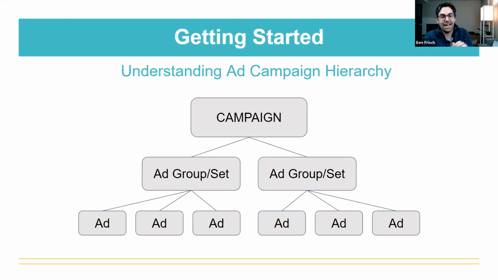So you might create a different ad group where you could tweak those ads and have specific messaging for that target audience instead. So just a quick visual to help you wrap your head around that hierarchy and how things are set up in Google Ads.